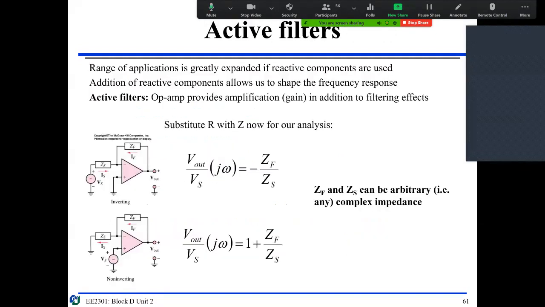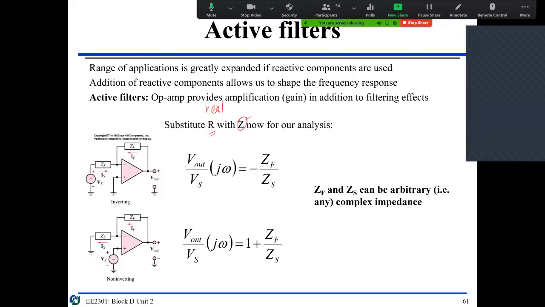So active filters meaning you have impedance, not a resistance anymore. Impedance is the generalization concept of resistance. So we use Z instead of R. R is resistance, but also R stands for real. They are real numbers.